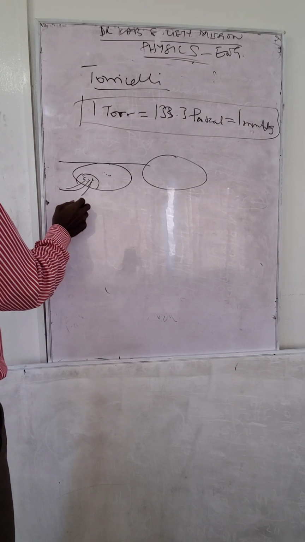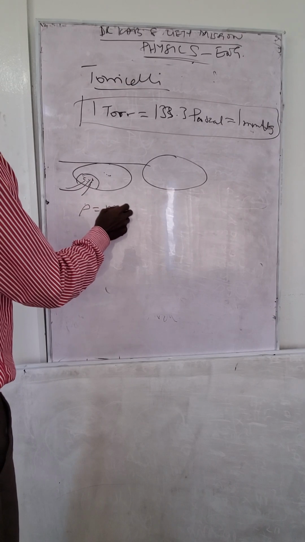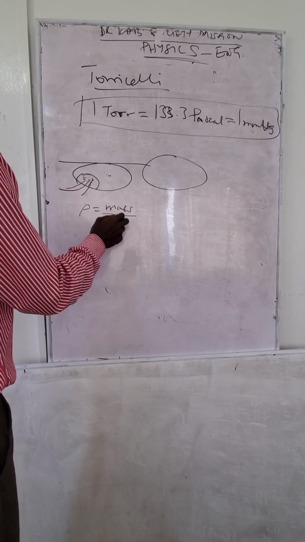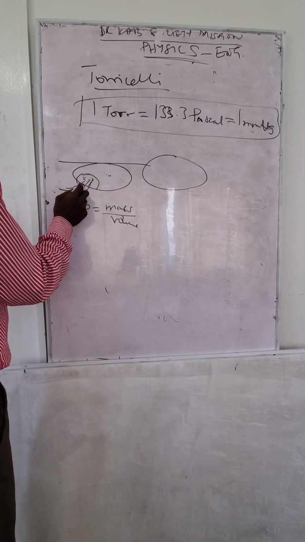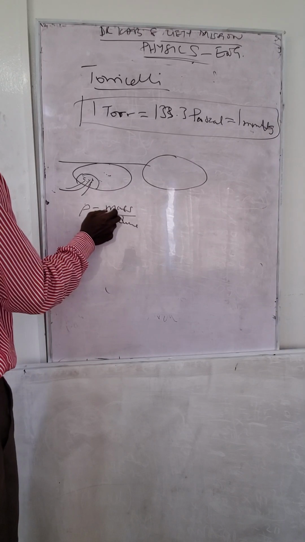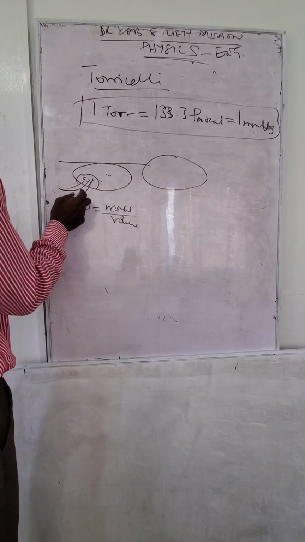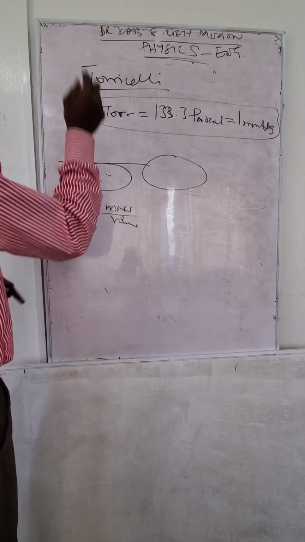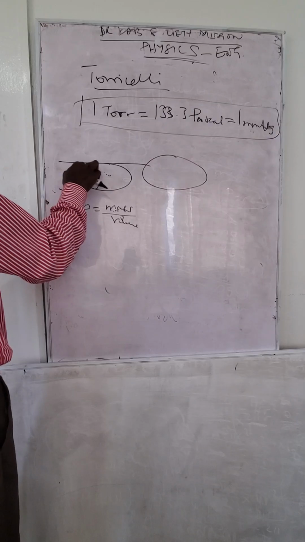You know, density is equal to mass over volume. With the same volume, if water is allowed to enter the submarine, its weight, or its mass, is going to increase. Once its mass increases, the density will increase, so it will be denser than water and it will sink below the sea level.